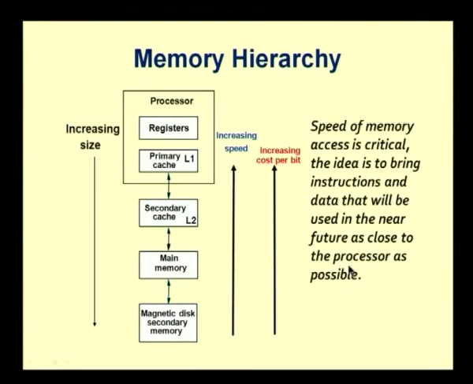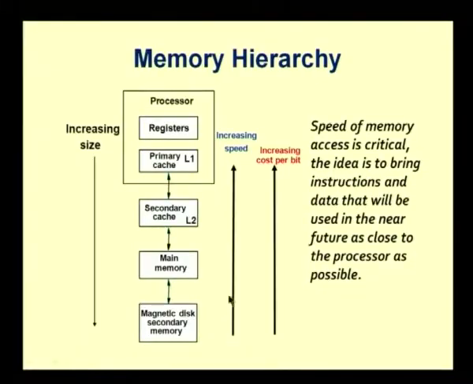So now that we have this, what is it that we need to keep in mind? What we need to keep in mind is that the speed of memory access is critical. So the idea that we use is, you bring the instructions and the data that need to be used as close to the processor as possible, so that it becomes faster to access them and execute the instructions.